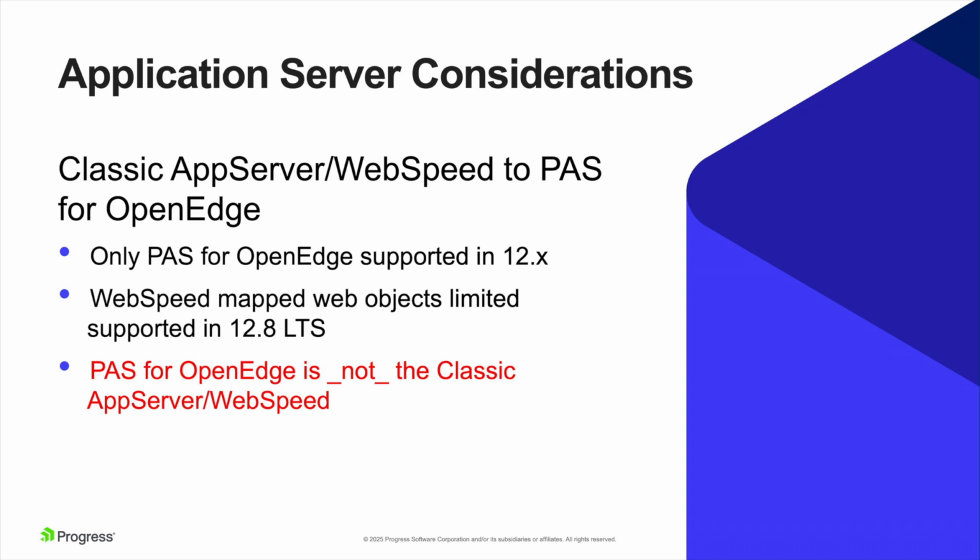But I would be remiss if I didn't mention that that paradigm of mapped web objects is being sunset, and you should really consider possibly re-architecting and getting off of mapped web objects as you do your planning to go to 12 and to PAS.